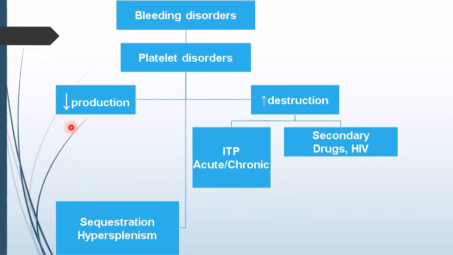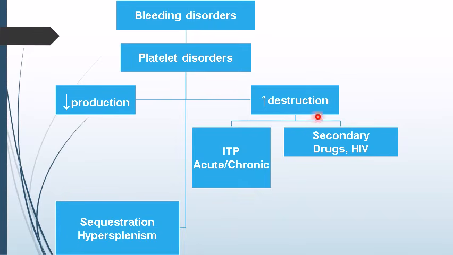Thrombocytopenia is defined as a reduced platelet count below the normal level, usually 150, some say below 100. Thrombocytopenia may be caused, as we said, by reduced production or abnormal distribution. Sometimes increased function of the spleen leads to pulling platelets from the circulation to the spleen.